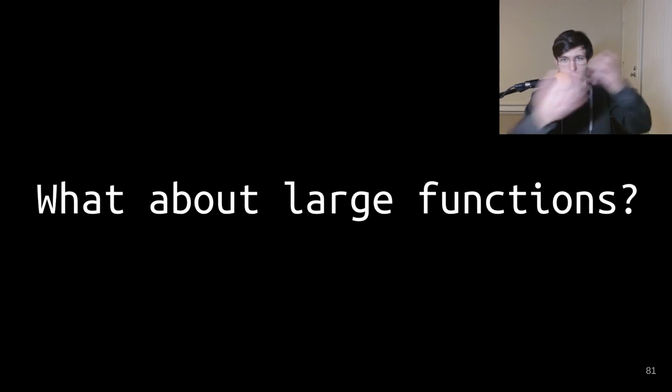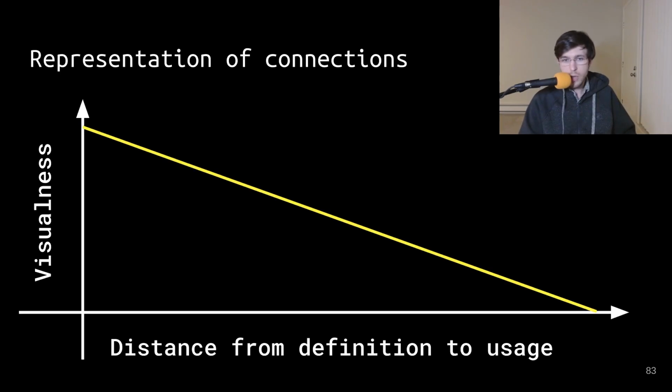Okay, so what about large functions? The answer is we cheat and use essentially textual references. But it's a continuum, so if things are close together, you can use a visual connection, and if they're far apart, then you can use a more textual connection.